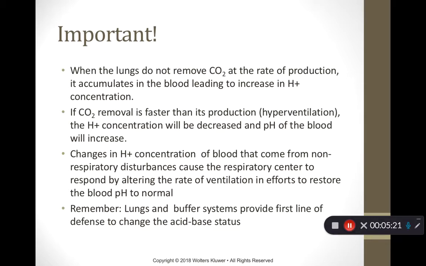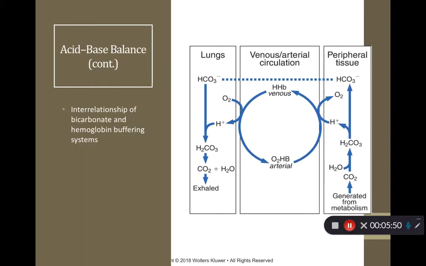Changes in hydrogen concentration of the blood that come from non-respiratory disturbances cause the respiratory center, the lungs, to respond to these changes by altering the rate of ventilation in efforts to restore the blood pH to normal. So the lungs and the buffer systems are the first line of defense that will respond to these acid-base changes that are occurring in the body.